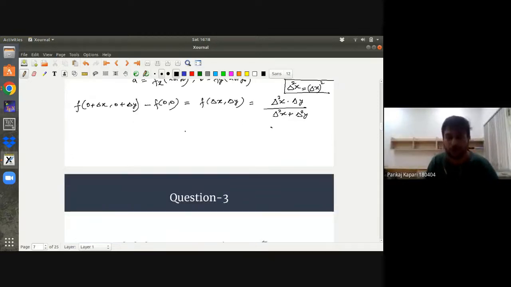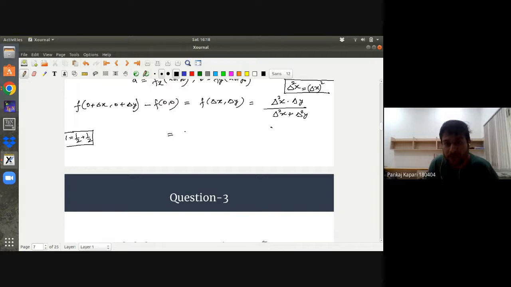Again a side note: we can write 1 as half plus half. Any number, one in particular, can be broken into two equal parts, half plus half. So this particular quantity we will write in two equal parts.